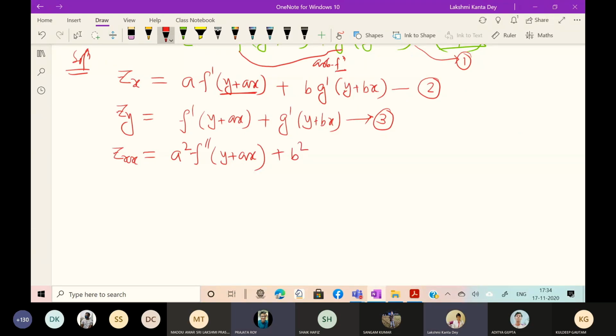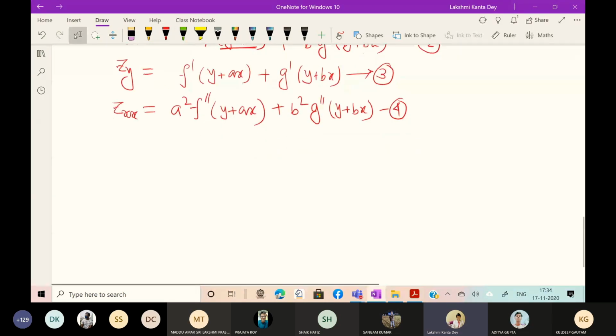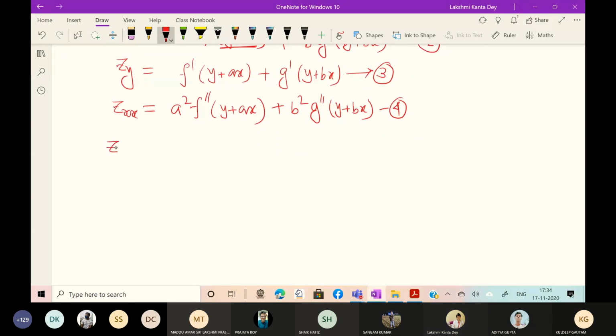Then it will be b square g double dash of y plus bx. Okay, so this is your 4. Now what will be zyx? This is a f double dash plus b g double dash. Clear? This is 5. I do not write the inner one.